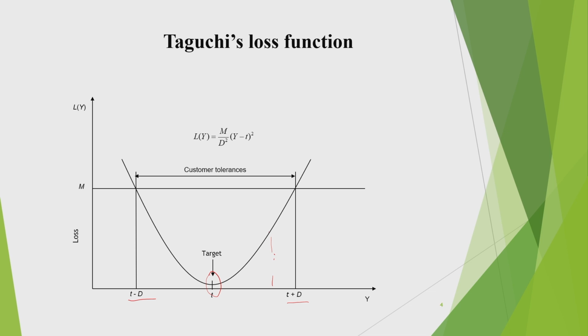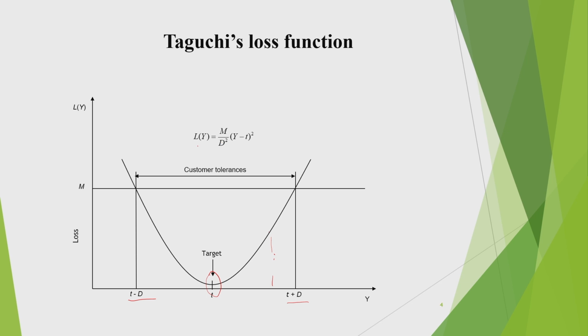So he said that it is a continuous function, and the loss of some item y is equal to m d square, y minus T whole square. So y is my variable. Suppose y is equal to T, if the dimension is coming equal to the target, then of course the loss is 0, there is no worry. But if it is deviating, then there is too much loss.